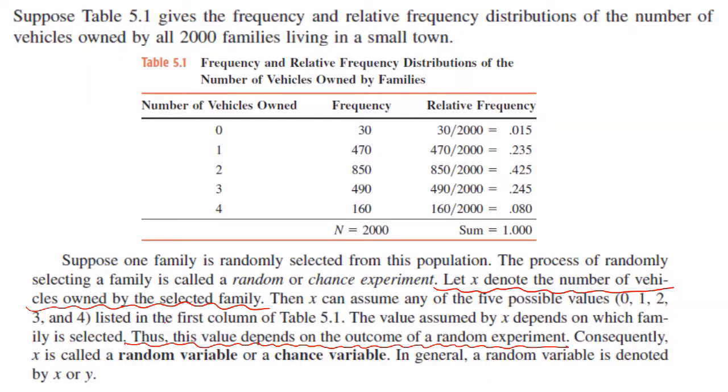Consequently, X is called a random variable or chance variable. In general, a random variable is denoted by X or Y. Actually, you can use any letter to denote a random variable. That doesn't matter, right? Usually in most books, we use uppercase X, Y, or Z to denote a random variable.